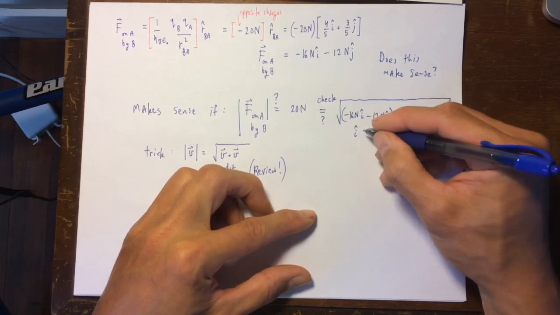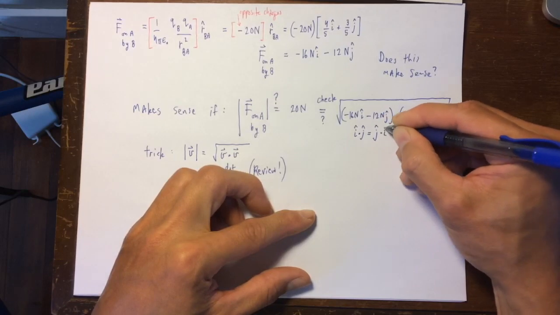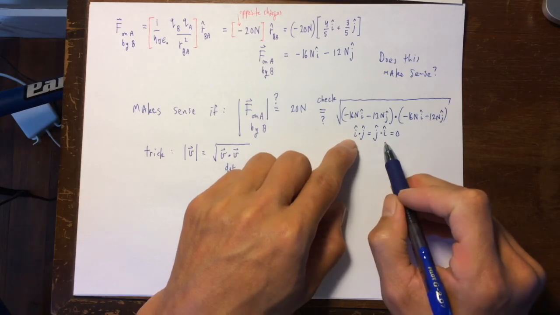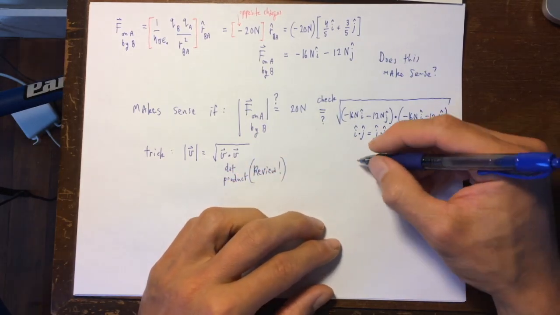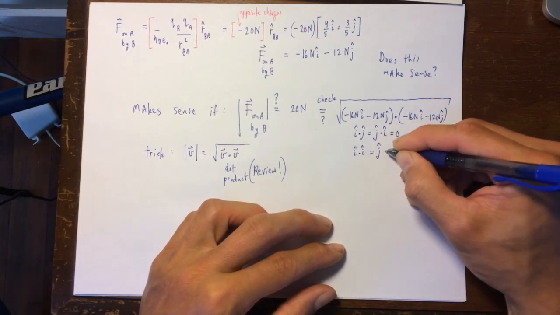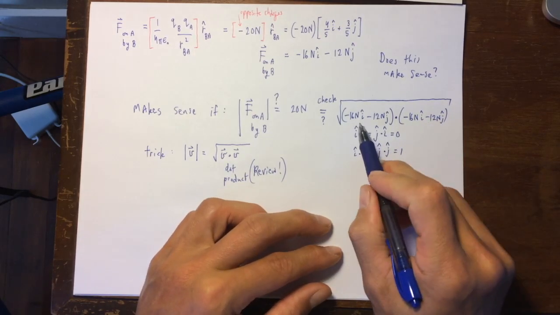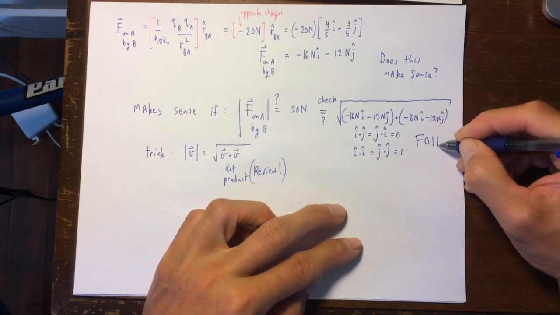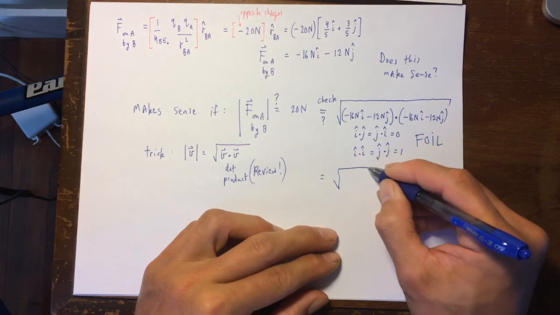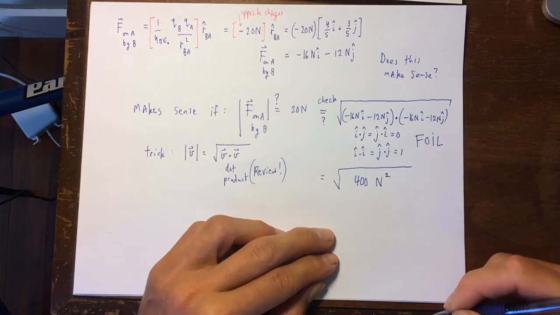If you remember, i hat dot j hat is equal to j hat dot i hat equal to 0. Dot products of perpendicular vectors are 0. And then i hat dot i hat and j hat dot j hat are equal to 1. So if you FOIL out this dot product, you'll get the square root of 400 newtons squared.